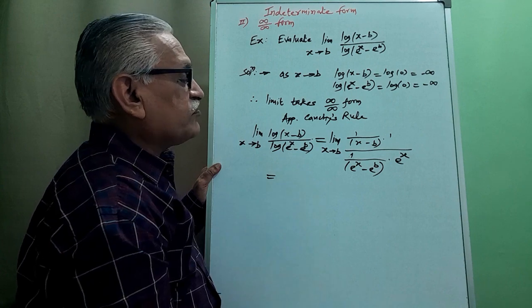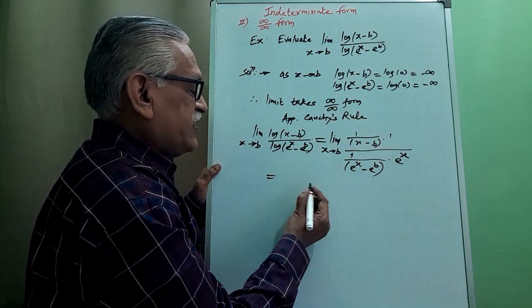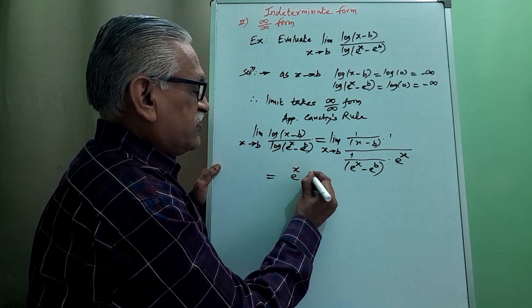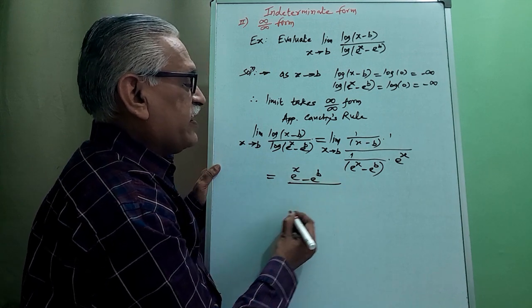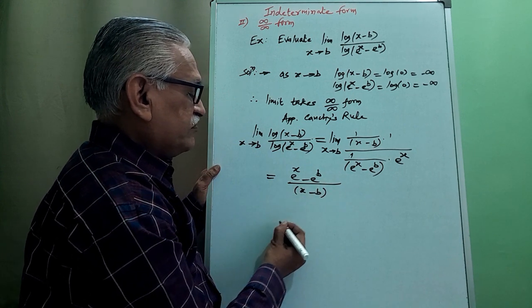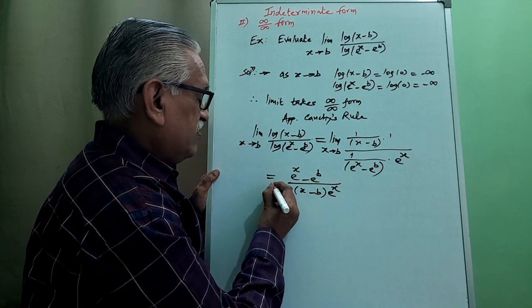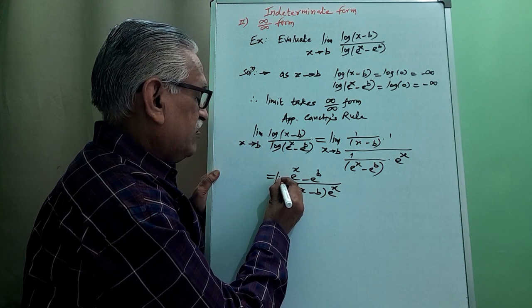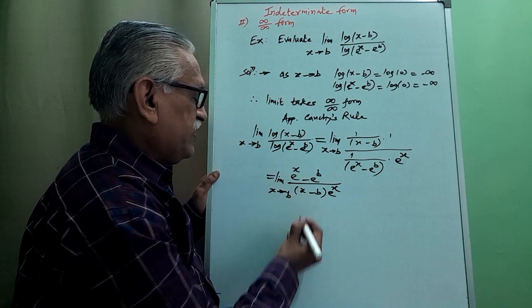Therefore it is 1 upon 1, and the term goes to the numerator, so it becomes (e raised to x minus e raised to b) divided by (x minus b) times e raised to x, as x tends to b.